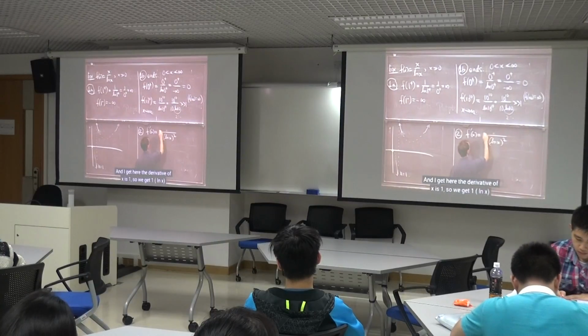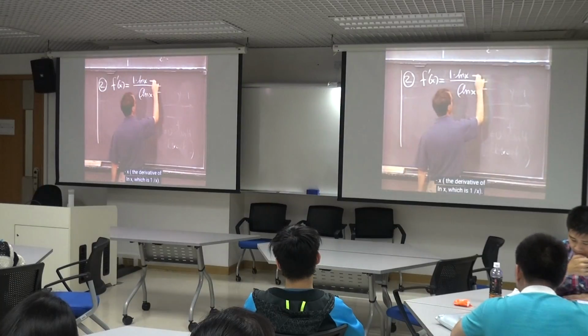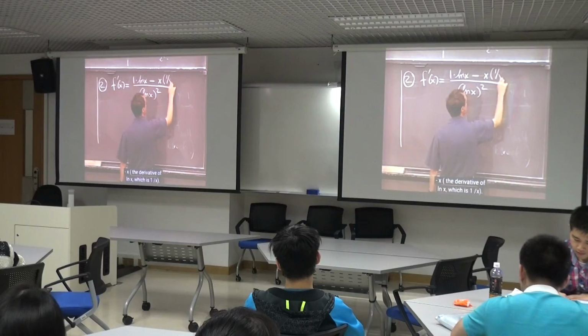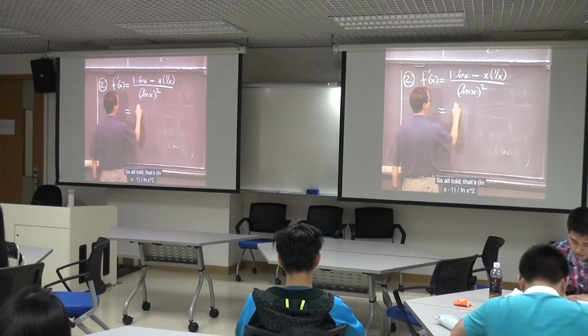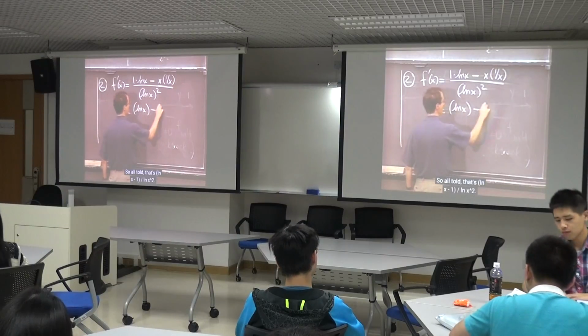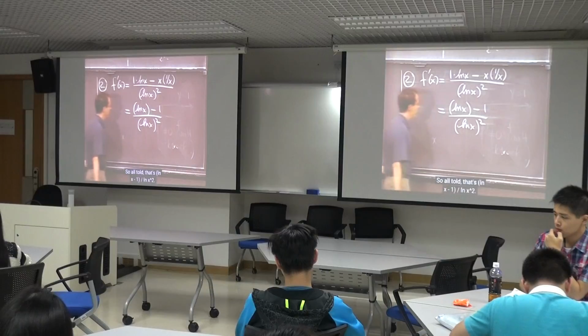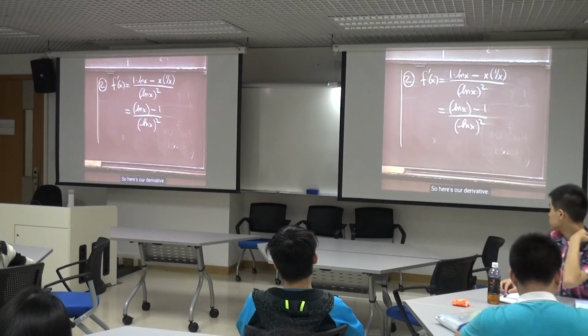And I get here the derivative of x is 1, so I get 1 times log x minus x times the derivative of log x, which is 1 over x. So all told, that's log x minus 1 divided by log x squared. Right, so here's our derivative.